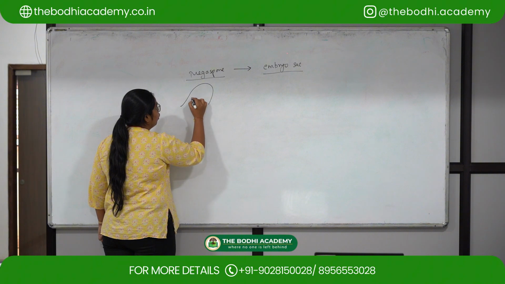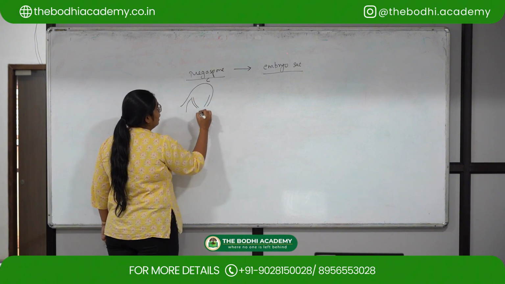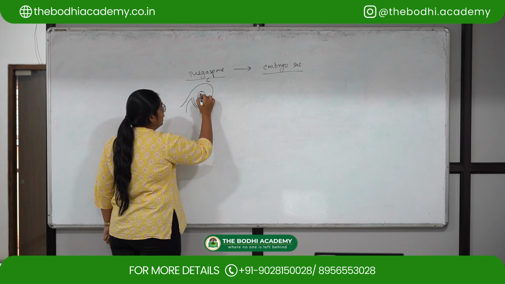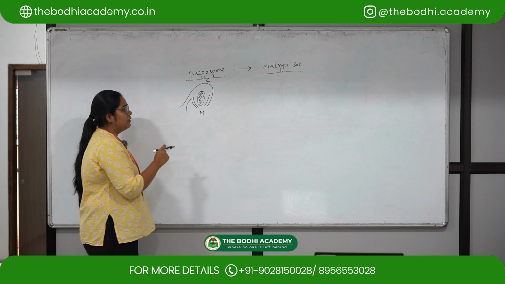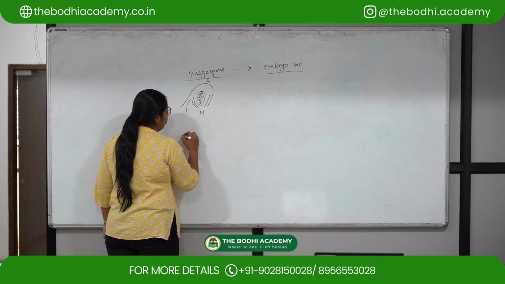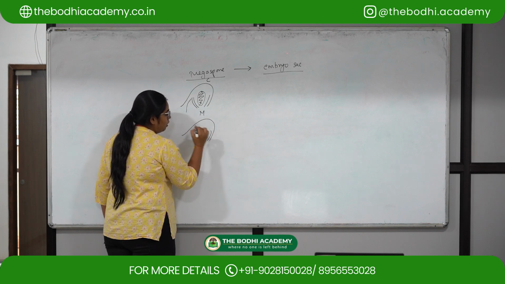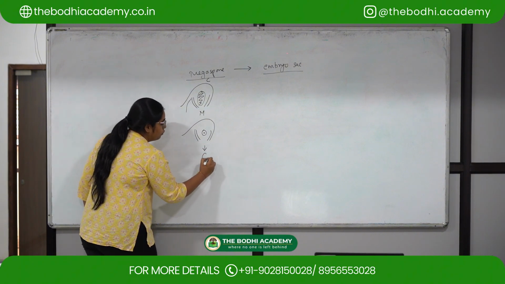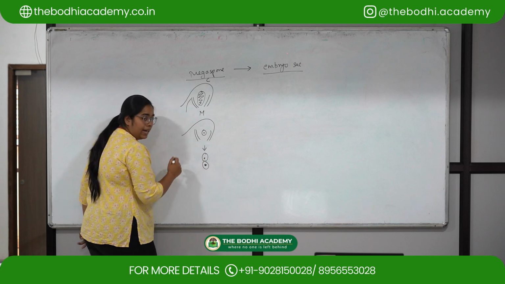So this is the ovule, with the chalazal end and the micropylar end. Inside the ovule there is a nucellus cell. This nucellus cell will divide and form a megaspore. This megaspore will further divide to form a dyad.